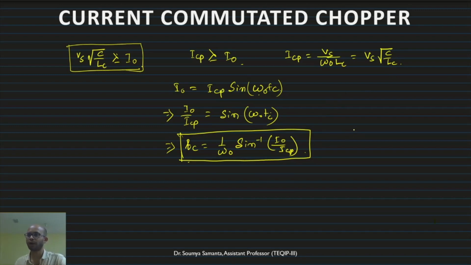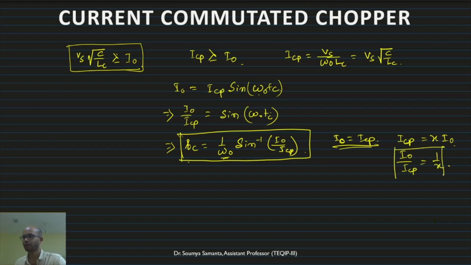Now if this omega naught value is known, and if I naught equals ICP, or suppose ICP equals x times I naught, then we can find I naught by ICP equals 1 by x.